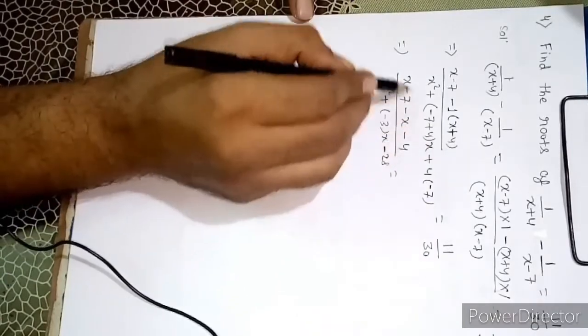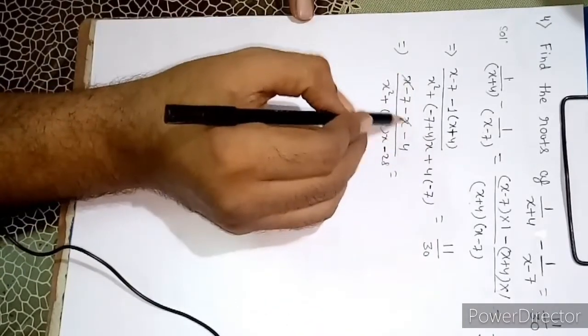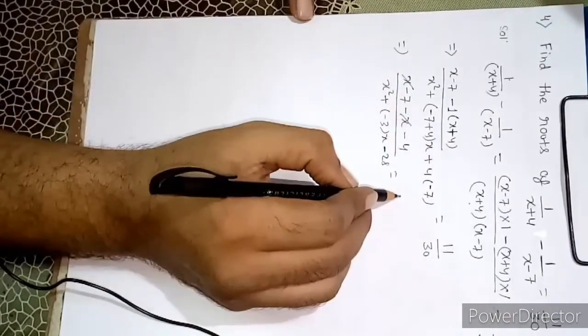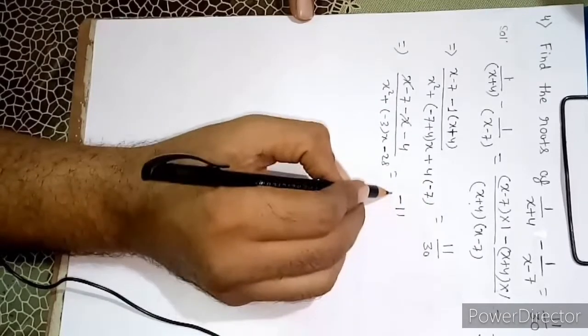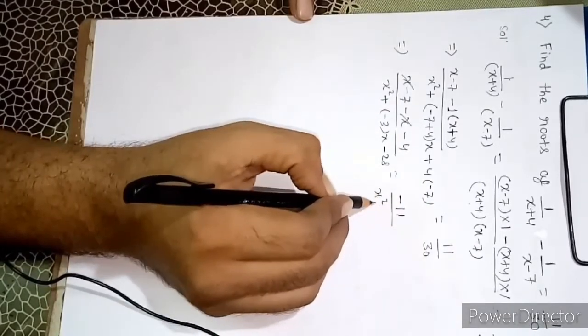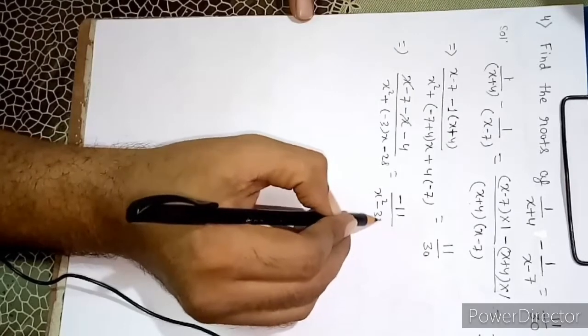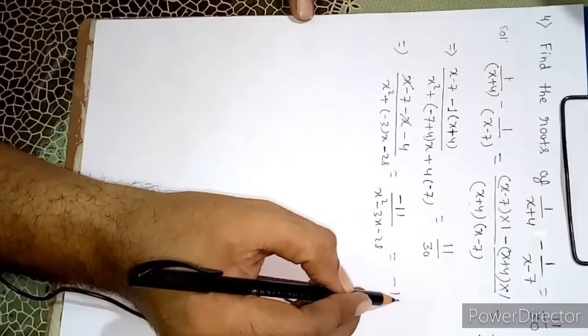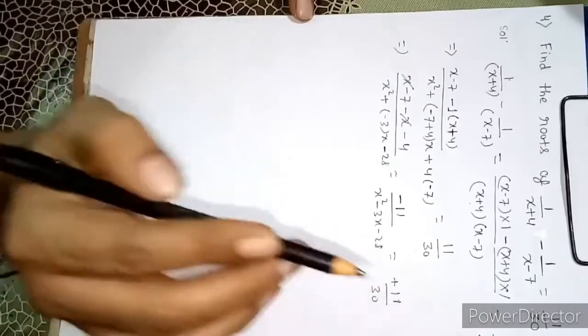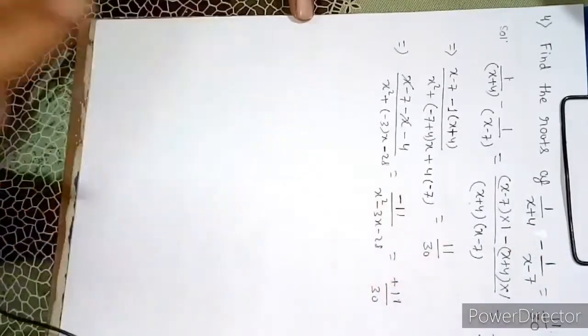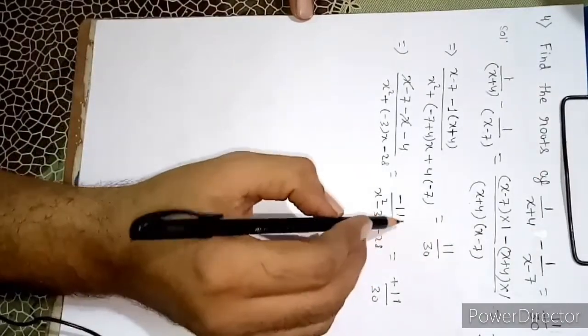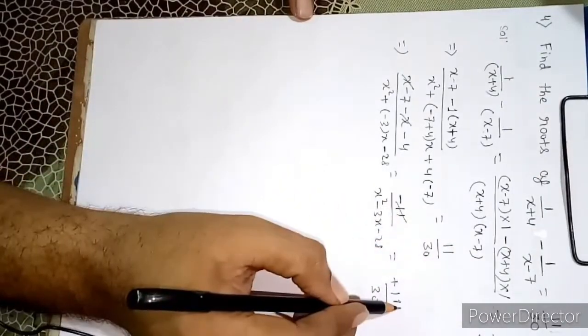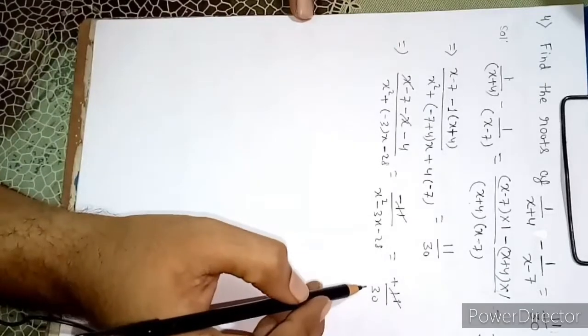I am first simplifying it. x minus x you are getting cancel out. Minus 7 and minus 4 is minus 11 by x square minus 3x minus 28 equals to plus 11 by 30. See, this part I have written now. Now what you see, this 11 and this 11 gets cancelled out.